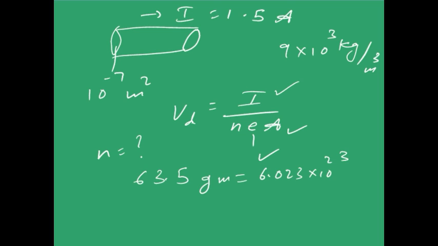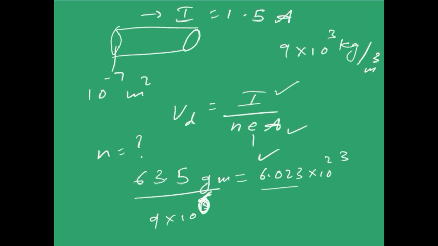Now, these many copper atoms weigh 63.5 grams, right? So, how many atoms will weigh 9 into 10 power 3 kgs? 9 into 10 power 3 kgs means 9 into 10 power 6 grams.